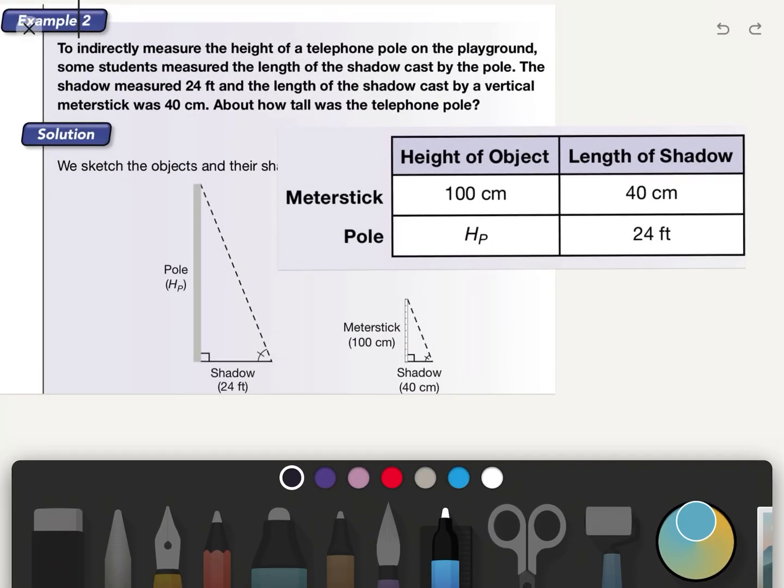Okay, so looking at another example here, we can see to indirectly measure the height of a telephone pole on the playground, some students measured the length of the shadow cast by the pole. The shadow measured 24 feet. Guess it must be close to noon.